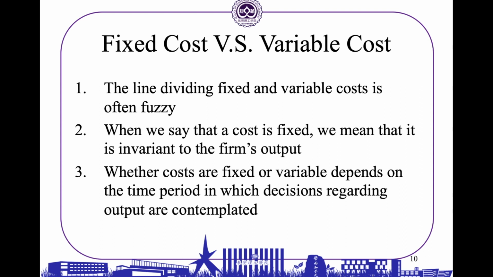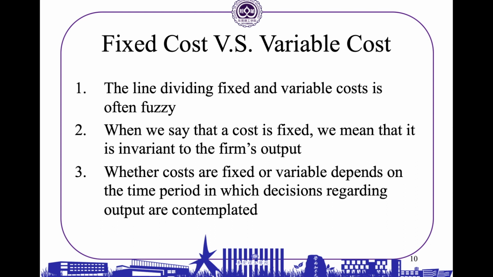2. When we say that a cost is fixed, we mean that it is invariant to the firm's output. 3. Whether costs are fixed or variable depends on the time period in which decisions regarding output are contemplated.